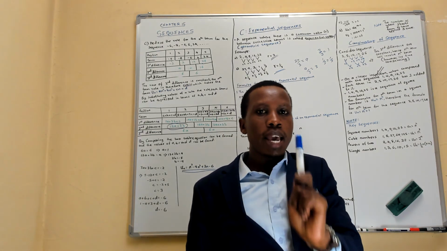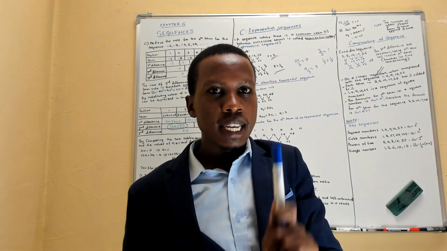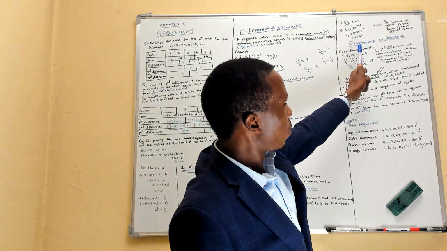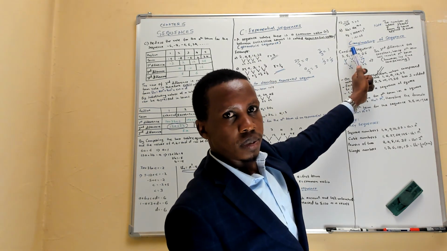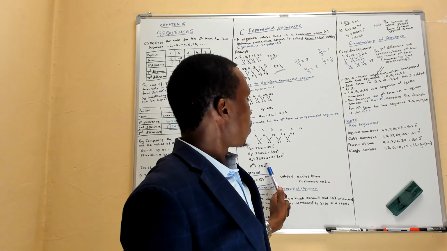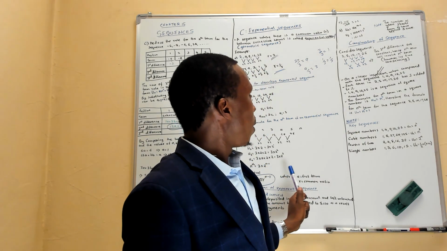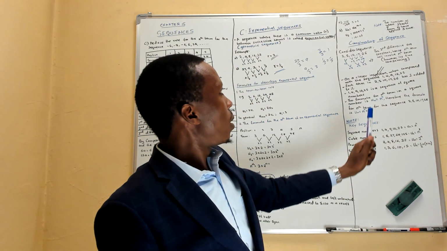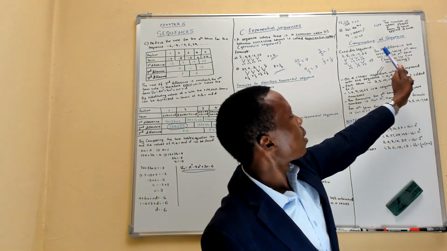That when you are applying compound interest when calculating geometric sequence, you don't subtract 1, because the number of years starts from 0.